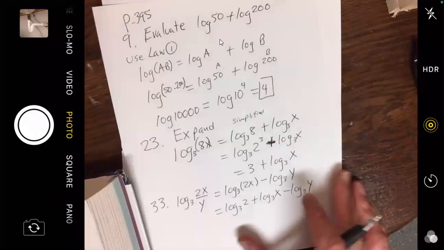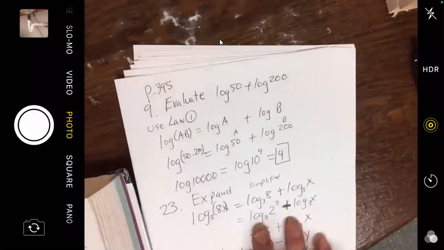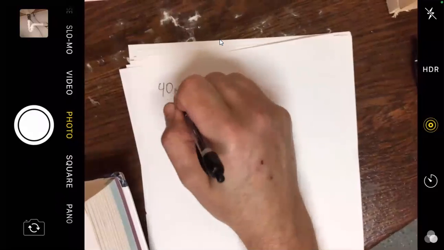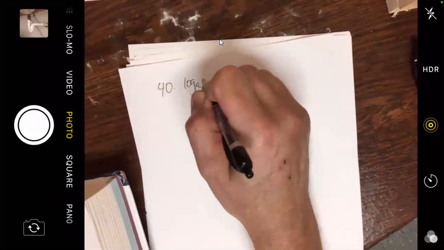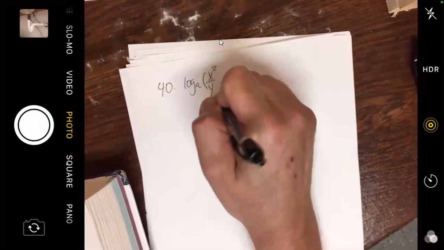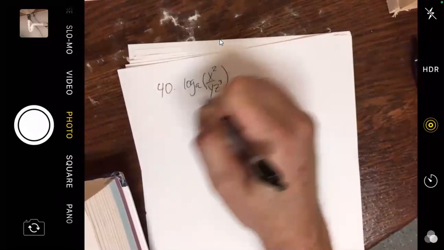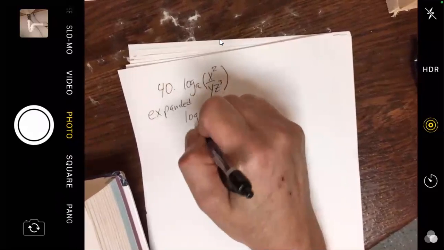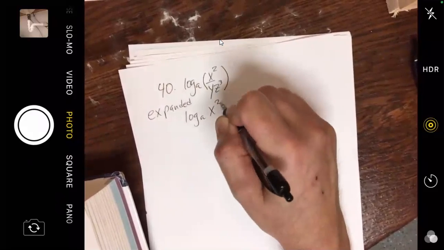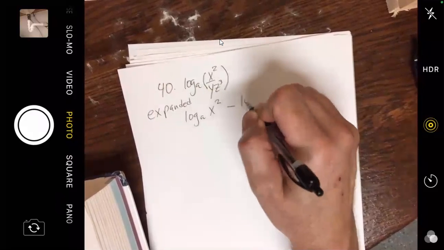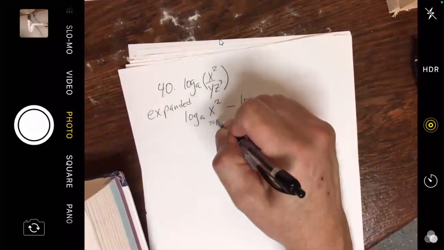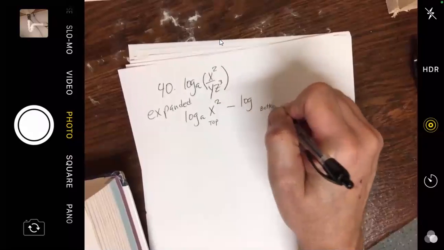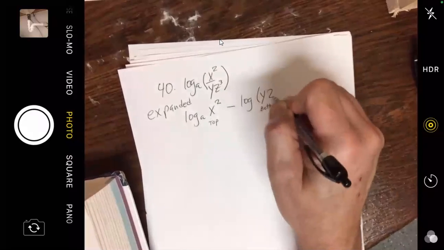Okay, 30, let's see, how about 40, brings in all 3. Log base A of x squared over yz cubed. I want that expanded. You would take a log base A of x squared, subtract, log of the top minus log of the bottom, log base A of yz cubed.